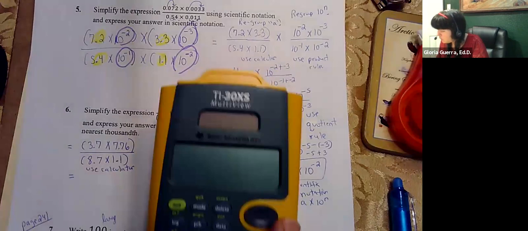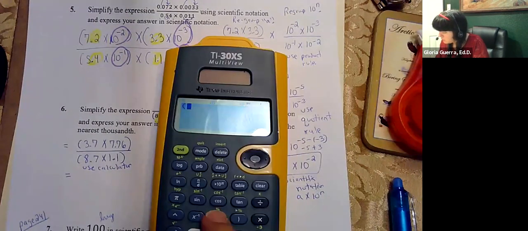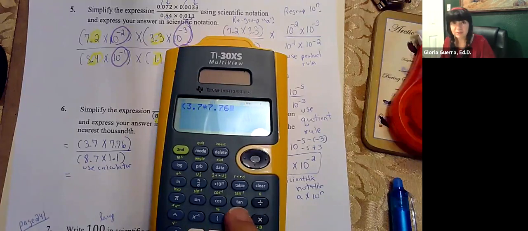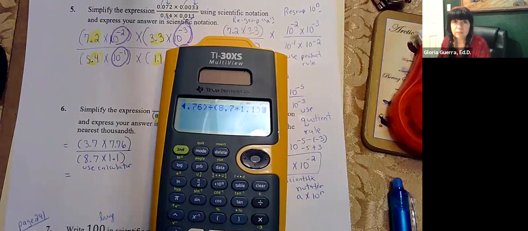So if I have open parentheses, 3.7 times 7.76 close parentheses divided by open parentheses 8.7 times 1.1 close parentheses.